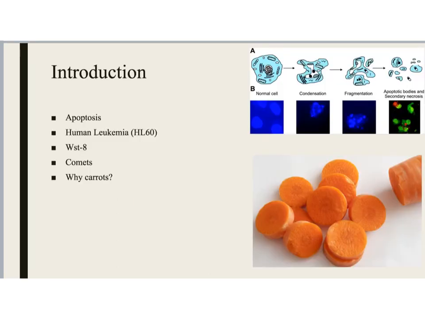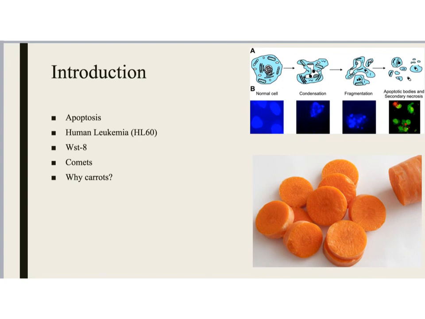So a little introduction before we get started into my results. Apoptosis is the death of cells that occurs as a normal and controlled part of an organism's growth or development. So this would show signs of blebbing, shrinkage of the cell, and fragmentation.